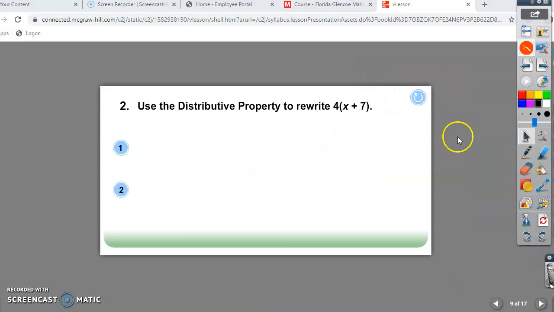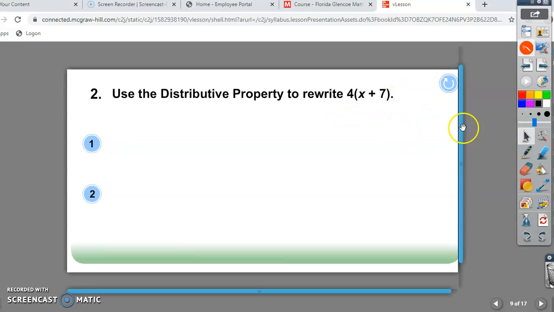Example number 2, we have once again 2 expressions inside the parentheses where we have now encountered a variable. Same rule, we're going to take that number outside the parentheses and multiply it times everything inside the parentheses. So we have 4 times x. 4 times x is just 4x. And we have 4 times 7, and that is positive 28.